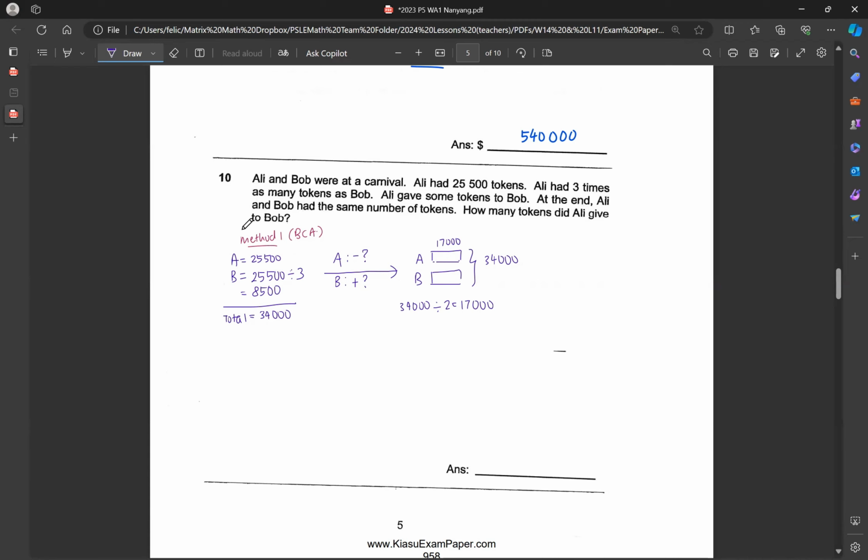Let's say if I use Ali, can you see Ali at first has 25,500, and Ali gives some away such that Ali in the end has 17,000. So simply use the 25,500 minus the 17,000 to find out how much he has given, and that will be 8,500. So this is your answer for the first method.